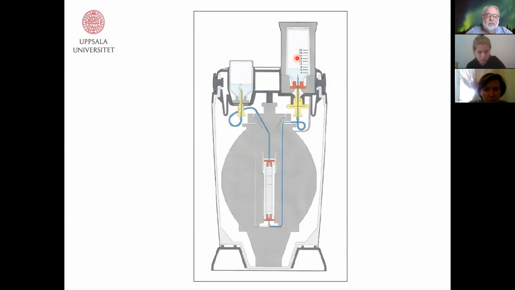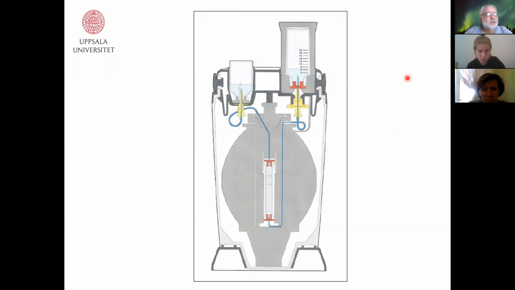If you elute this column with normal saline, so 0.9% sodium chloride, mother remains absorbed on the column. But daughter, technetium-99m, is eluted with the saline.